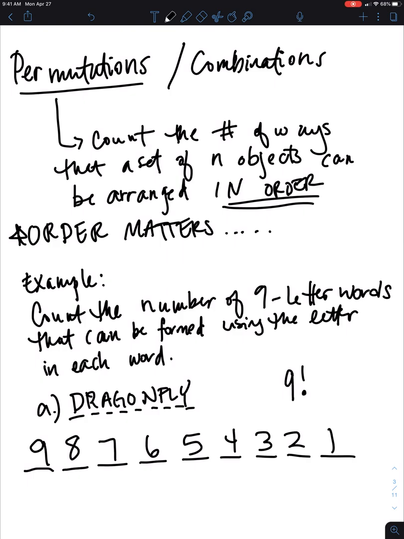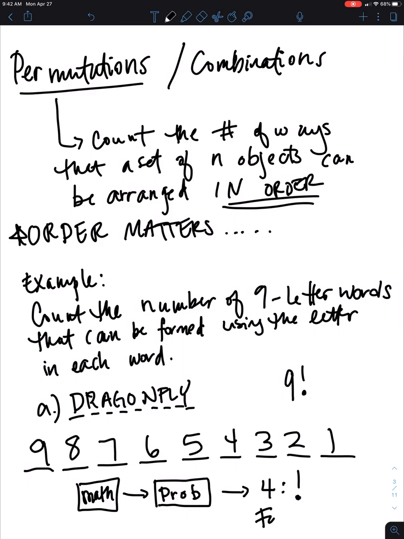So on your calculator, no matter what calculator you have, it's under math. And you go over, so I'm going to draw this out since you're listening. So it's math, and then you have to scroll over to probability, PRB. And there you'll see number 4. It's an exclamation mark, but we call it a factorial. That's what it's called, a factorial. Okay, so we will be using that a lot.